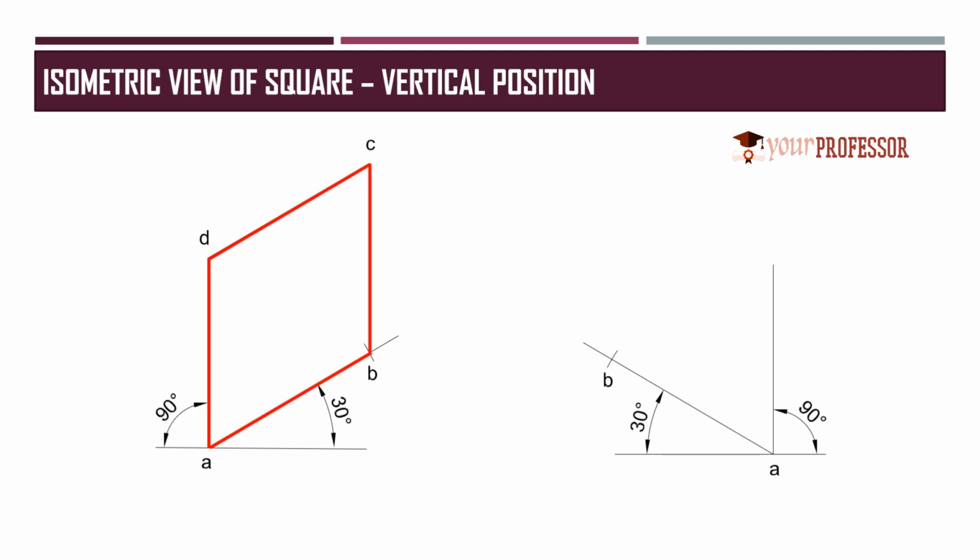So this will be point B. From point B, draw a vertical line whose length is equal to 40 mm. That will be point C. Now join the endpoints of those two lines. That will be D. Right? So this is nothing but isometric view of a square in vertical position. So you can highlight A, B, C, D, D, A.